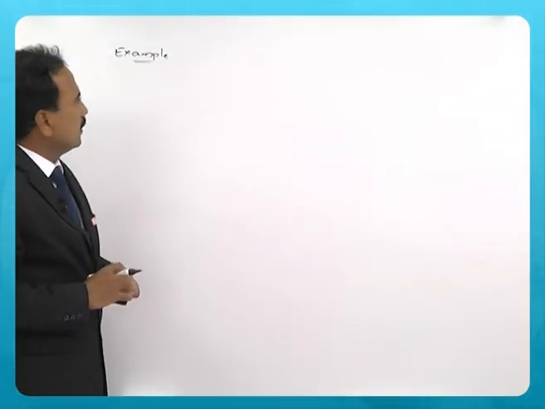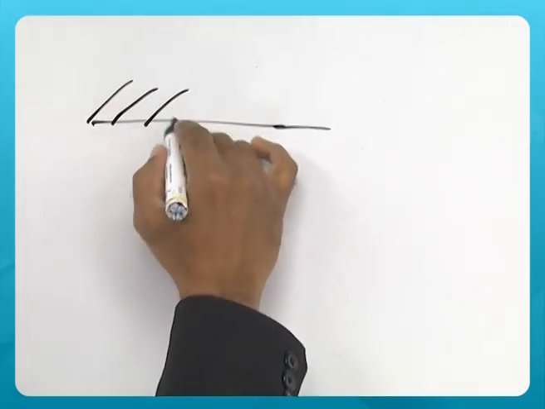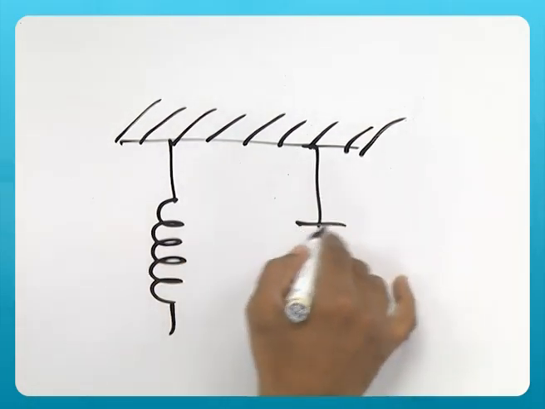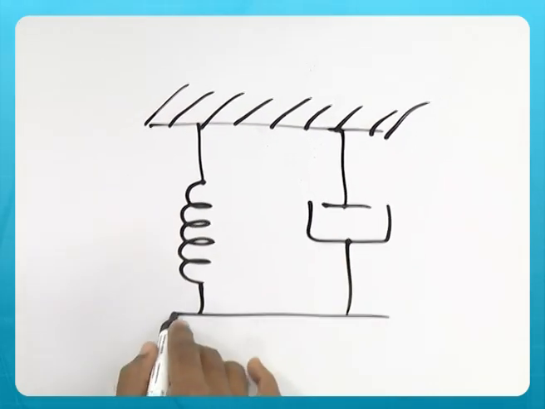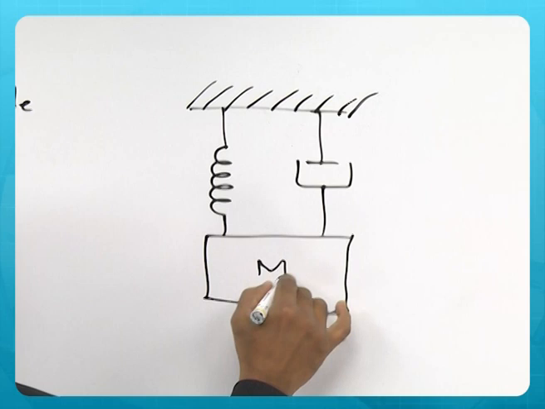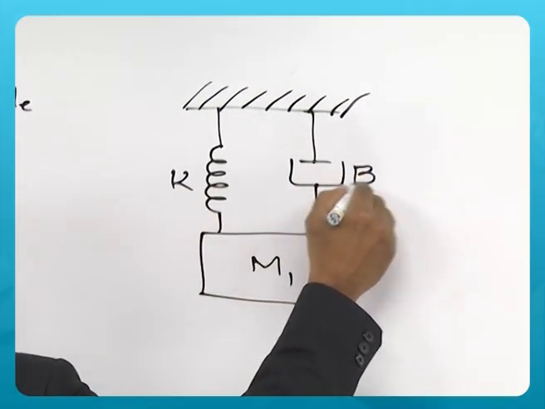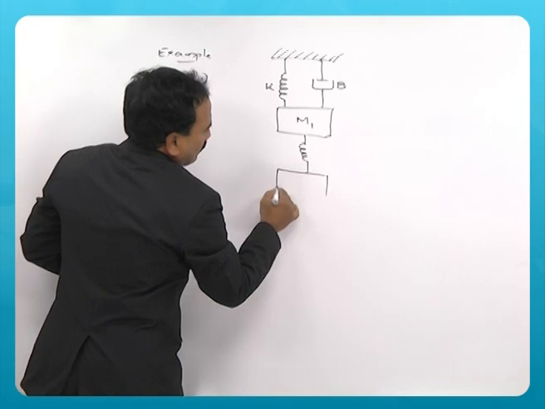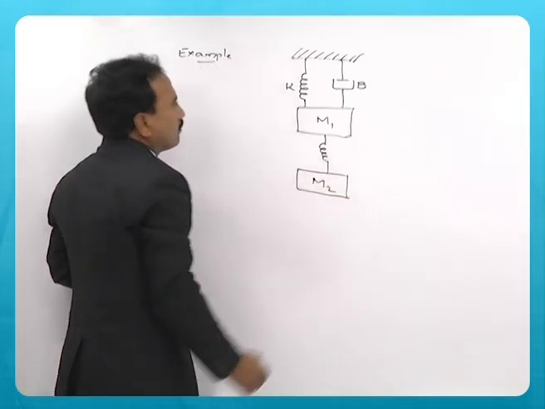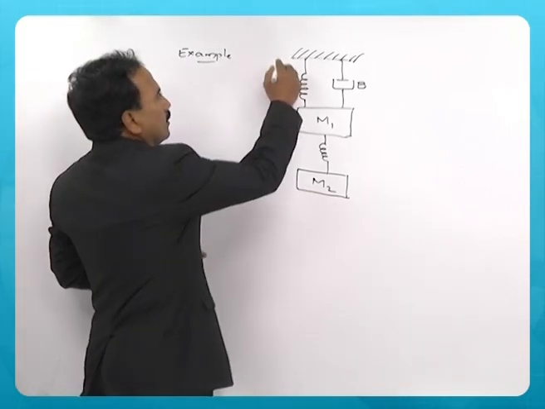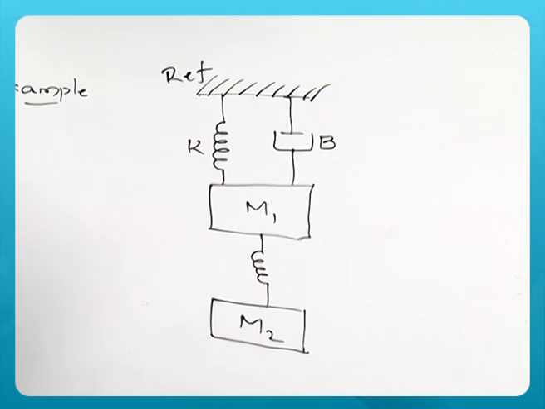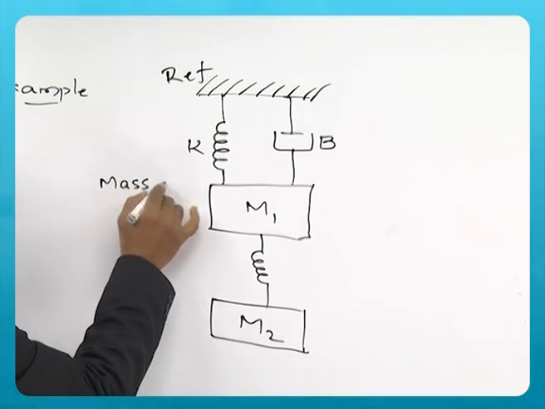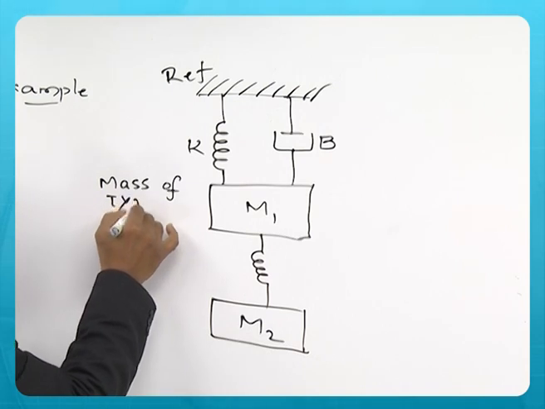Of one mechanical translational system. Look at this, this is a reference, say ground, and this is the mass of tires.